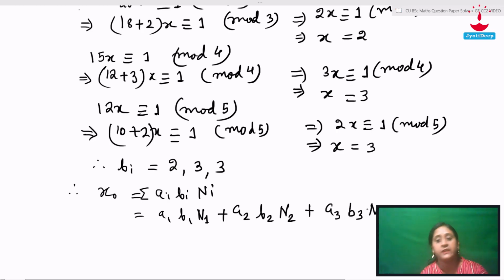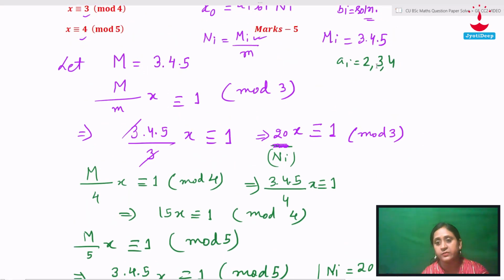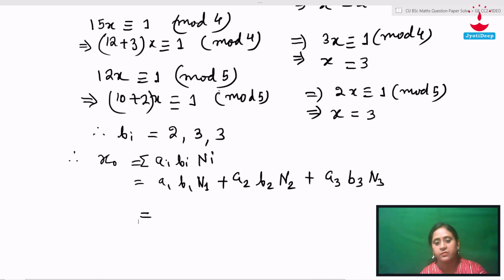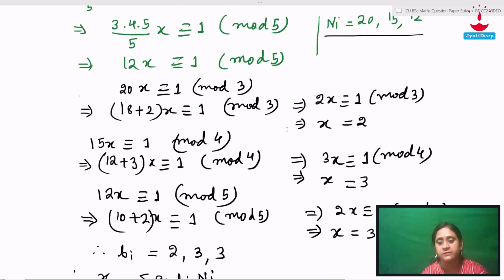We have these three values. We know a1, a2, a3, that is 2, 3, 4. For b1, b2, b3, we have 2, 3, 3, that is b1 is 2, b2 is 3, and b3 is also 3. For n1, n2, n3, we got 20, 15, 12.